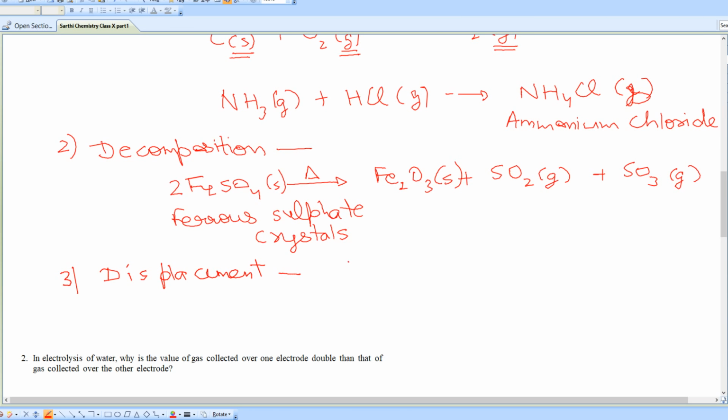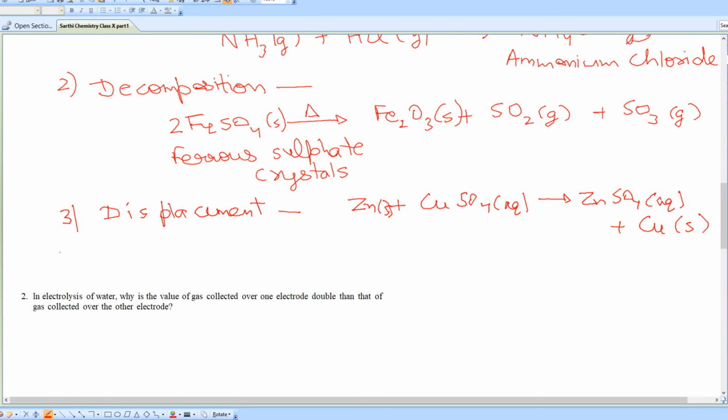For example, we have zinc plus copper sulfate. Now zinc is in solid state and copper sulfate we have as an aqueous solution, which is blue in color. So what happens is that zinc displaces copper from the salt to form zinc sulfate solution, which is an aqueous solution, plus copper is formed in solid state. So this is my displacement reaction.